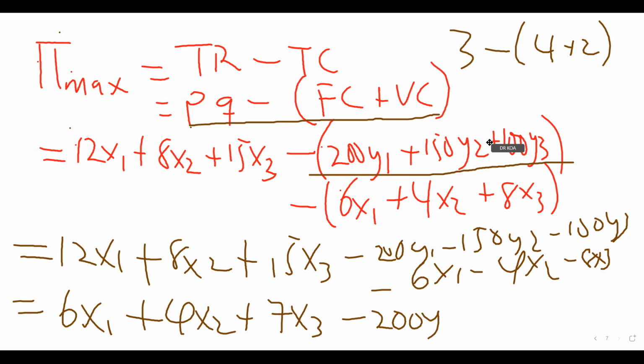This one should have been this. This one should have been this. Why would I multiply it? So this is how it's supposed to be. Okay. And then this is it.